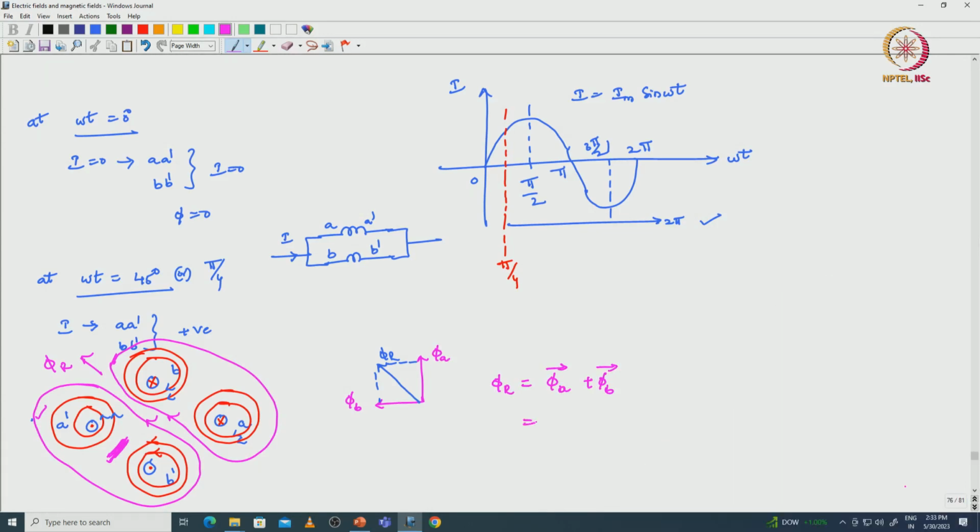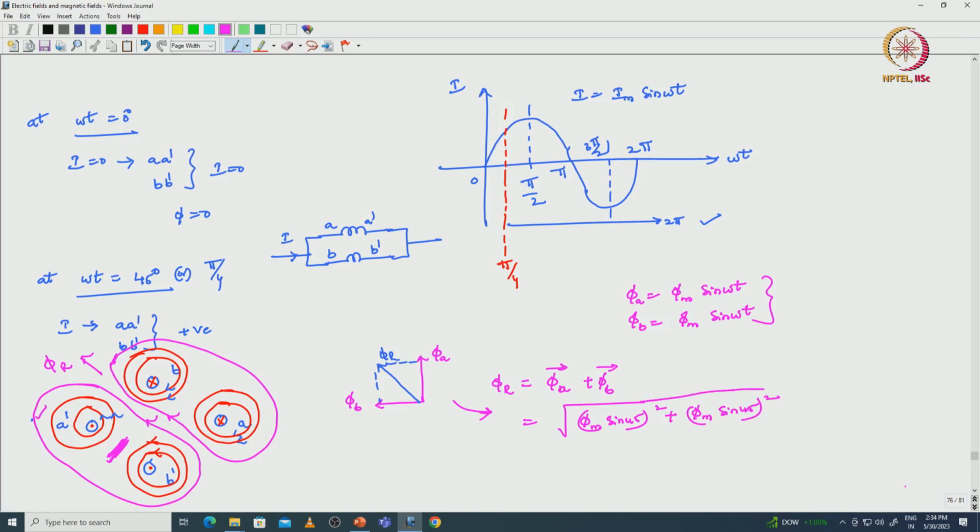If we want to find the magnitude, here phi A equals phi m sin omega t and phi B equals phi m sin omega t, because both coils are excited with the same current. In order to find the magnitude, apply vector analysis: phi r equals square root of (phi m sin 45) squared plus (phi m sin 45) squared.